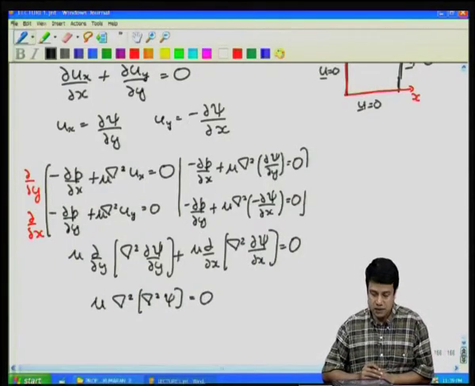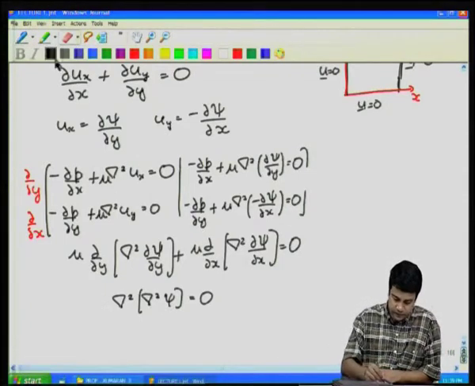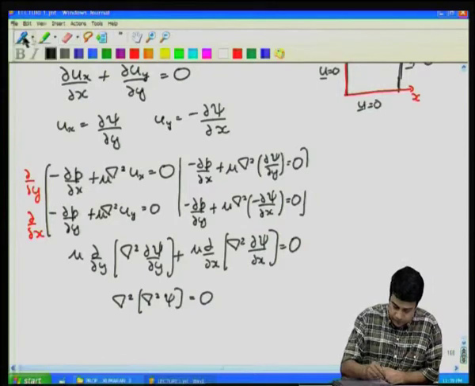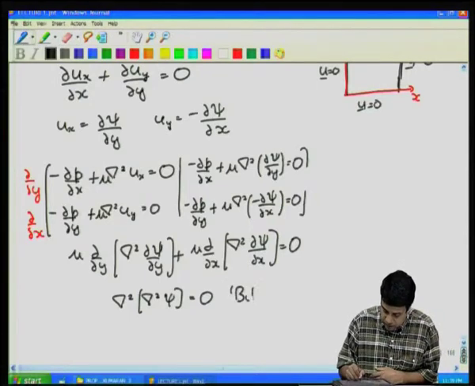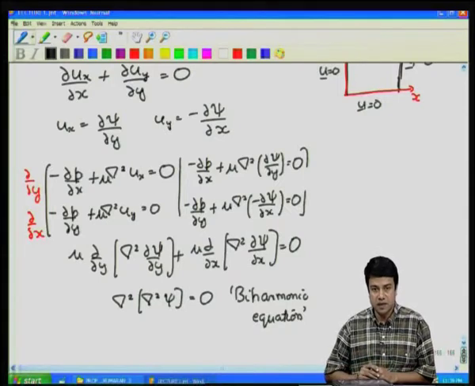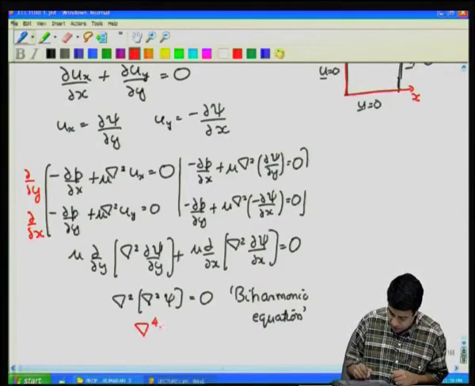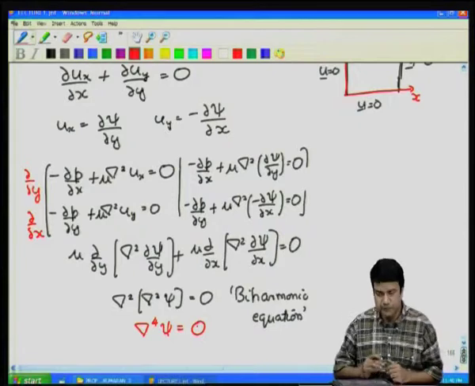Because viscosity is not equal to 0, this just gives me what is called the biharmonic equation for the stream function. Okay, the biharmonic is a 4th order equation. 2 Laplace operators acting on the stream function is equal to 0. Often this is also written as del power 4 psi is equal to 0.